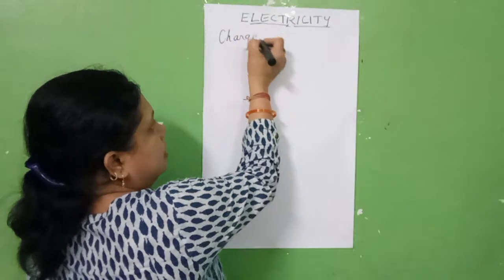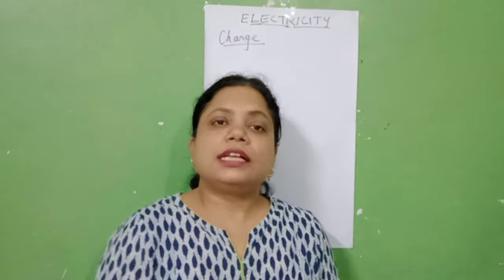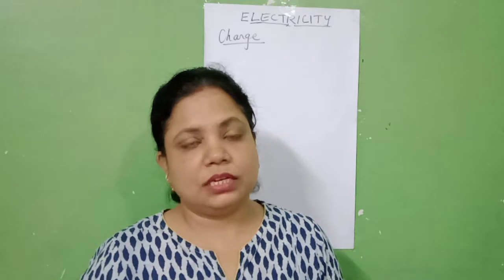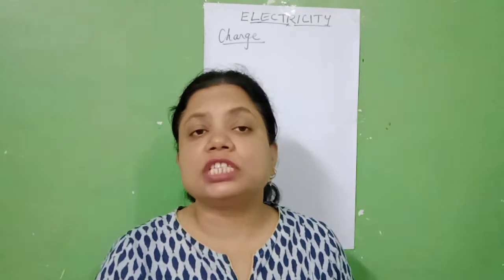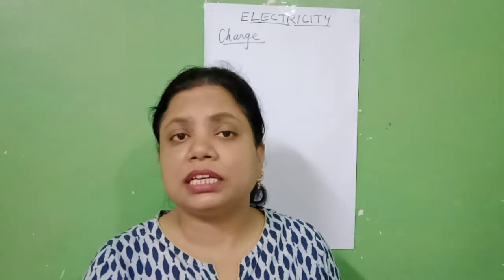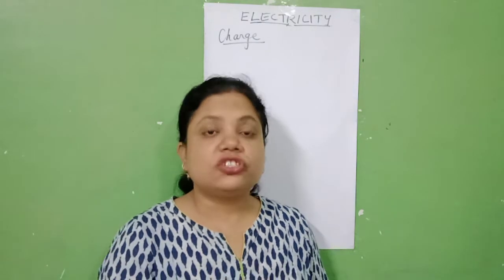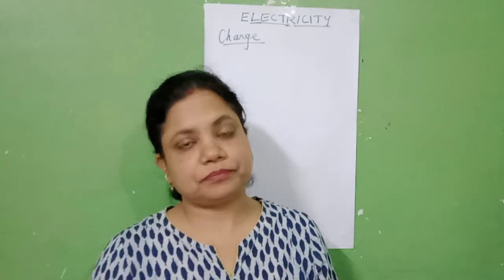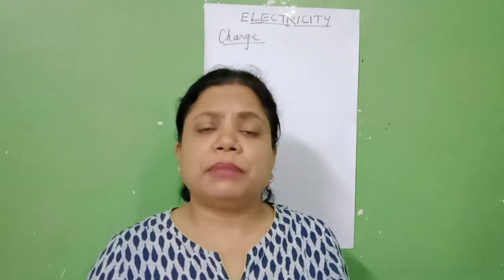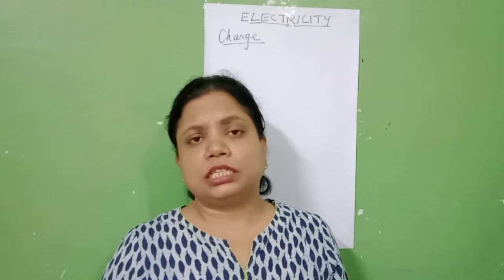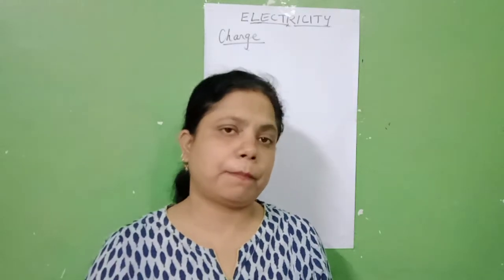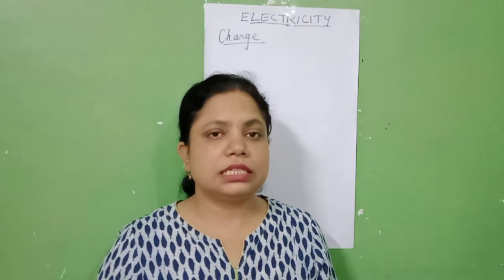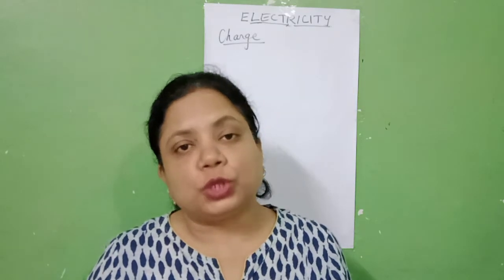Students, charge is the fundamental property of matter. Means it is the property which is associated with the electrical and magnetic effect. As we know, matter, or any object, is made of atoms, and atoms have subatomic particles which are electrons, protons and neutrons.